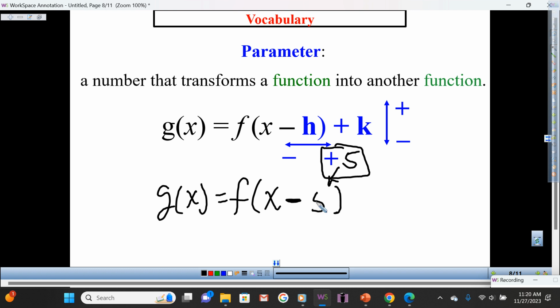So I substitute a positive 5. That means this is going 5 to the right. However, if I wanted to move to the left, I'm going to substitute a negative 5. So if I substitute a negative 5 and there's already a negative there, negative times a negative becomes a positive. That's why we go to the left. All right? So be careful with that.